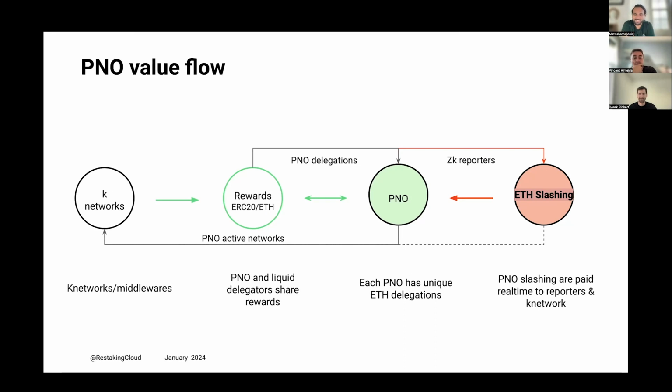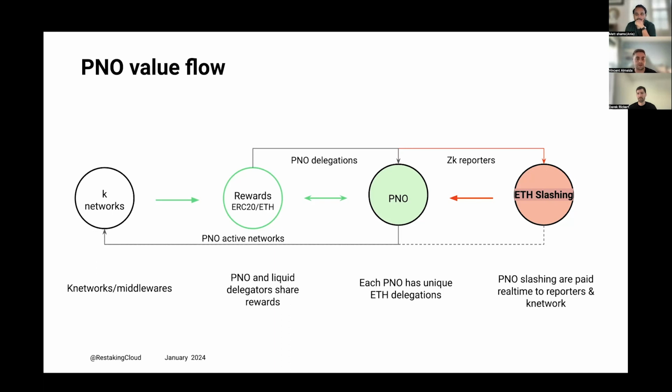With the rewards now, think of it like this: you want to spin up a K network, you get a kit. The node cloud is giving you a toolkit, and in that toolkit, the active P&Os in your network are already tracked for you. Because you have all that information plus all the liquid delegators, you can deploy your own fund splitter, and that will process the information.